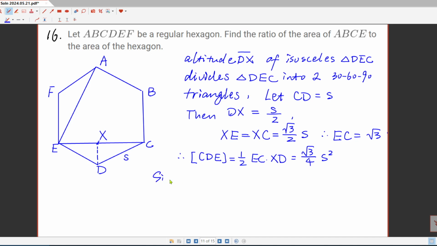Similarly, the area of triangle AFE is exactly the same as triangle CDE, which is also square root 3 over 4 S squared.